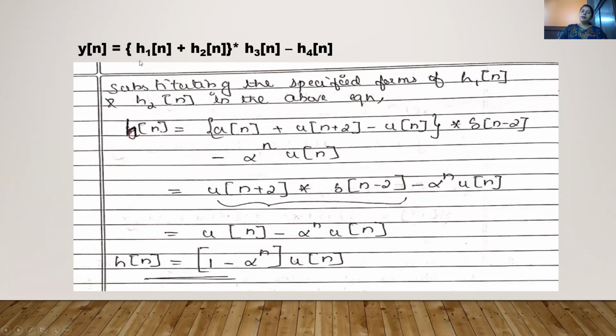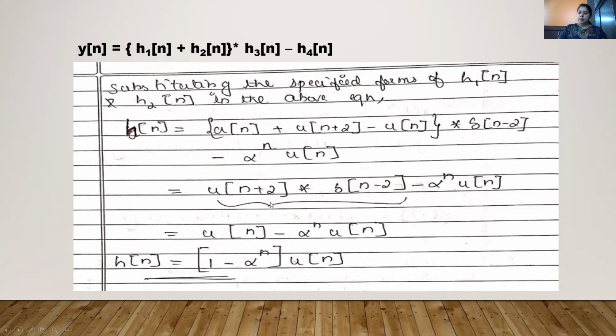Now, in the question itself, they provided the values of H1, H2, H3 and H4. I'm substituting that. H1 was U of n, H2 was U of n plus 2 minus U of n, H3 was del of n minus 2, H4 was alpha power n U of n. I substituted all these things. Now you can see that U of n and this U of n will get cancelled. So I'm getting U of n plus 2 convolution del of n minus 2 minus alpha power n U of n.